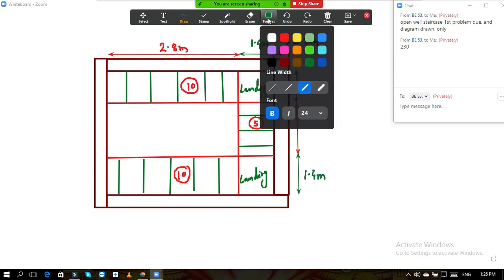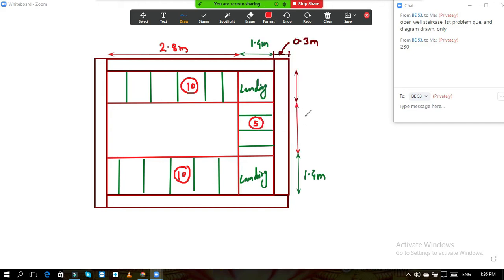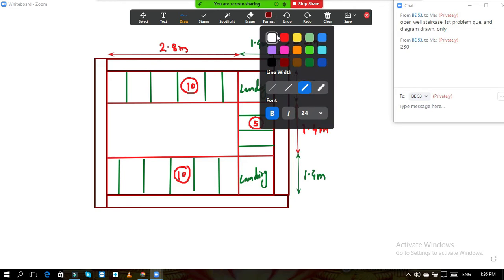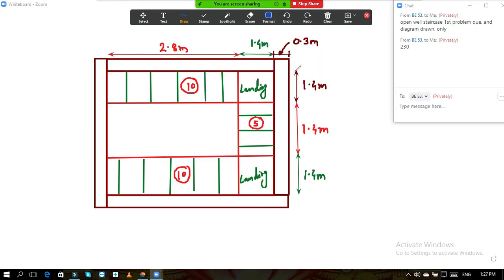Then this in between length is also 1.4 meter, and this is also 1.4 meter, and this width is again 0.3, this is again 0.3. This side also, this width is 0.3, which I have not shown over here.